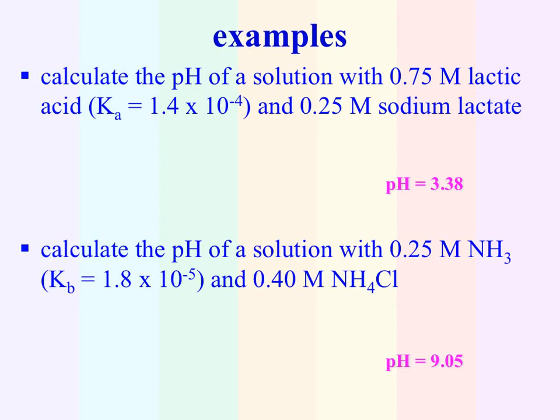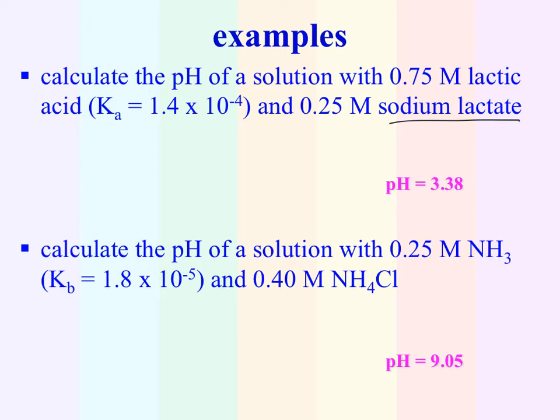Here they're asking us to calculate the pH of a solution with 0.75 molar lactic acid with a Ka of 1.4 times 10 to the negative 4 and a 0.25 molar concentration of sodium lactate. Notice we have lactic acid and a salt containing the lactate ion, which is the common link between these two.